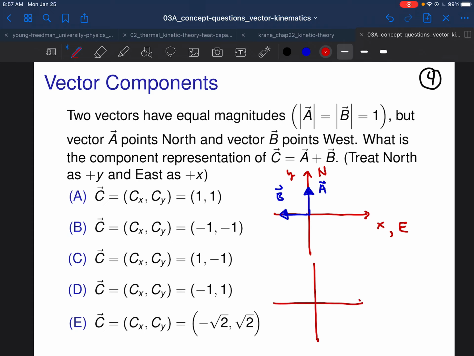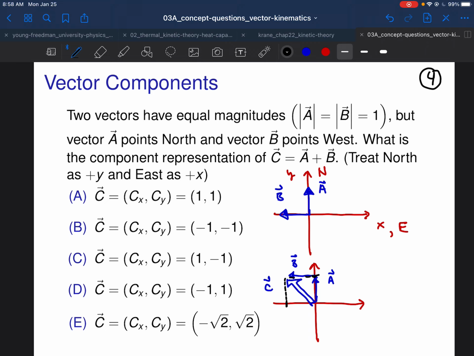Well, let's do the graphical addition. We can do this in two ways. We can do graphical addition, so A plus B is C, and you can see what the components of C are, because we can drop back to each axis.